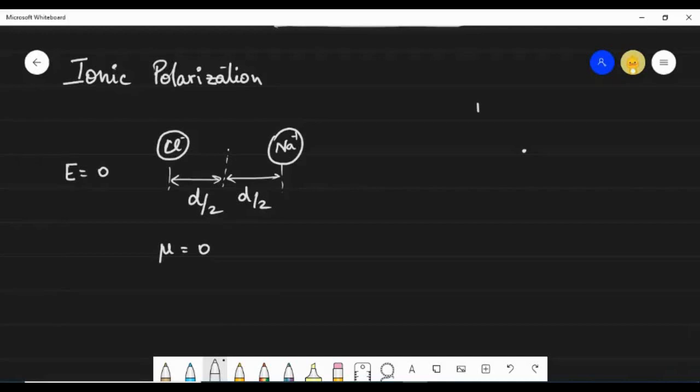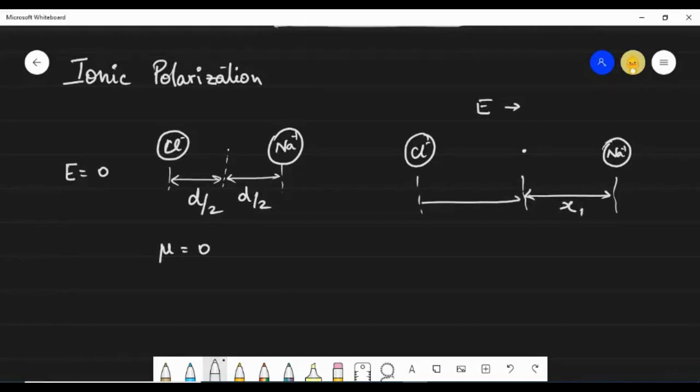But when an electric field E is applied, they get displaced from the center of mass by different amounts, and let Na plus be displaced by an amount x1, whereas Cl minus is displaced by an amount x2. Small m is the mass of Na plus and capital M is the mass of Cl minus.